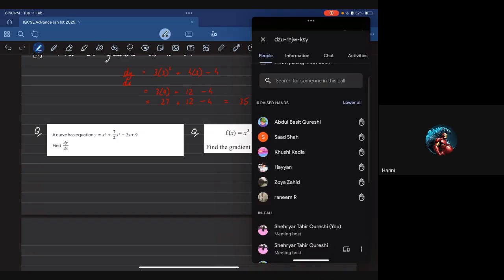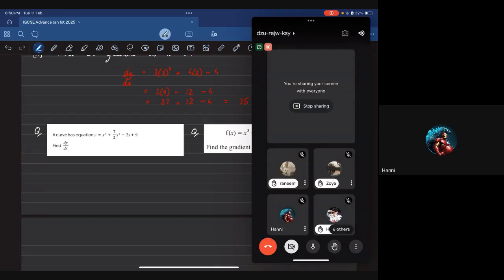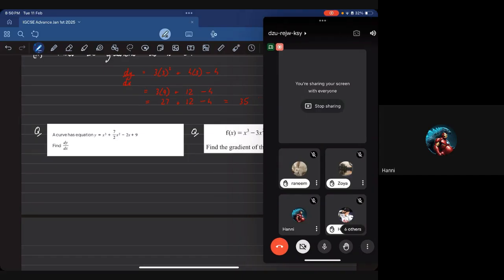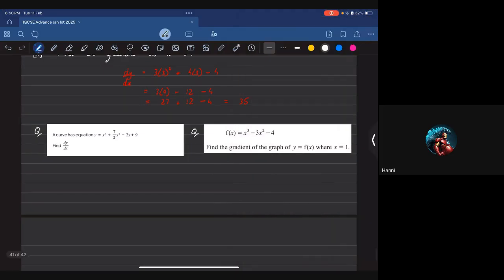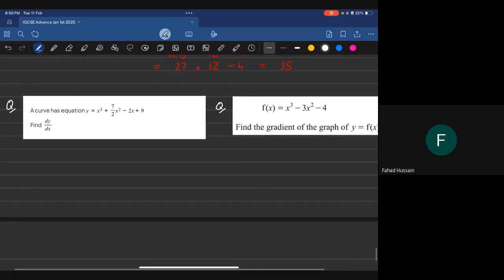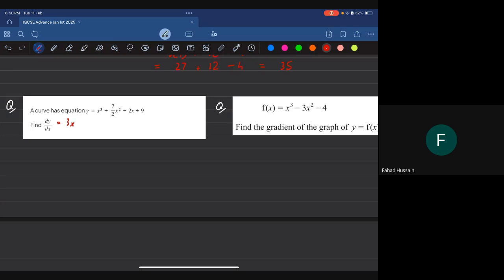Yes, everyone's done. Okay, who did it first? Yes, we were talking to Fahad and his mysterious ways of getting work done quicker than all of you. Fahad, can you tell us what answer you got for the first part? So 3x squared plus 7x minus 2. You got 3x squared plus 7x minus 2.